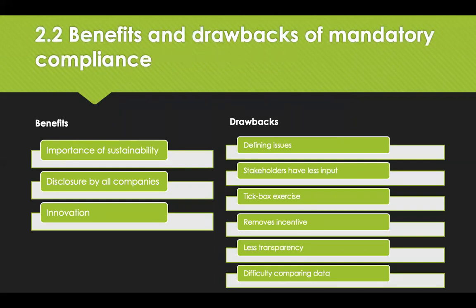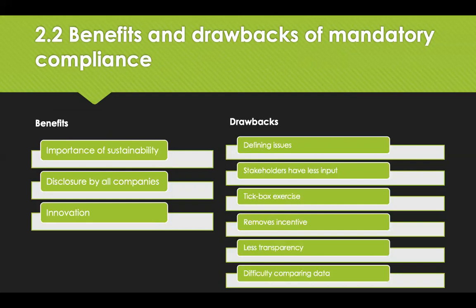Mandatory compliance ensures all companies disclose their sustainability information. Raised awareness creates an environment for innovation and change. But on the other hand, it's difficult to develop a framework that defines the sustainability issues facing every company. Once compliance becomes mandatory, stakeholders may become complacent and move on to the next concern.